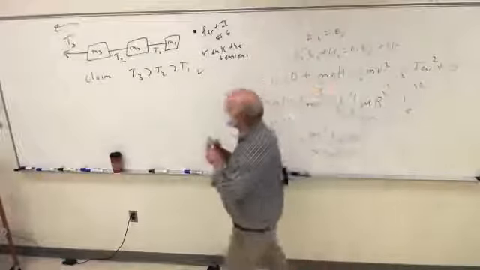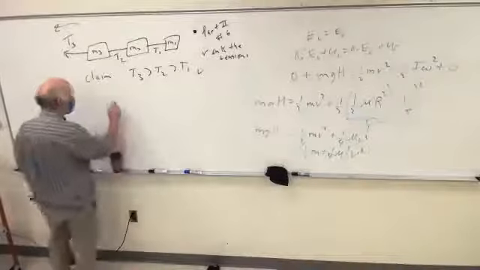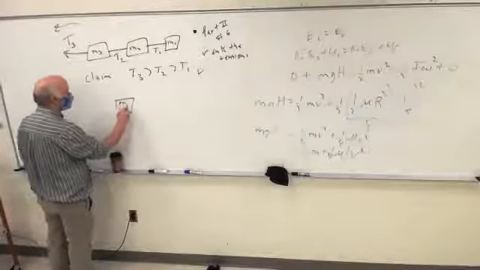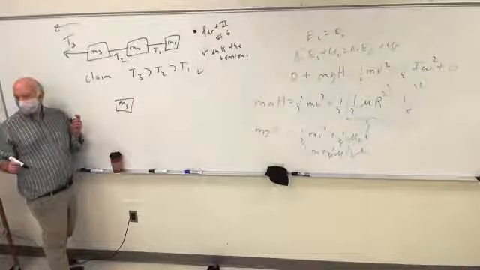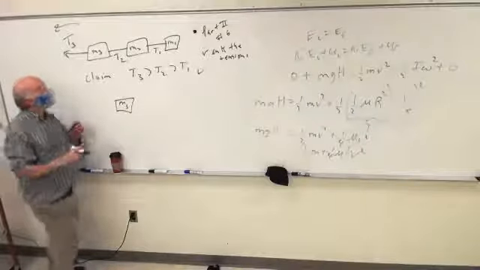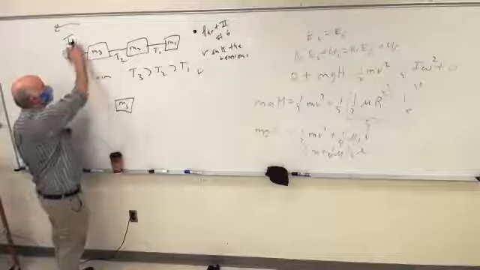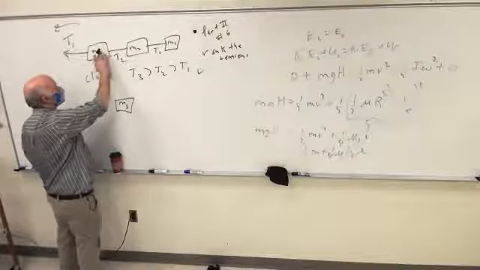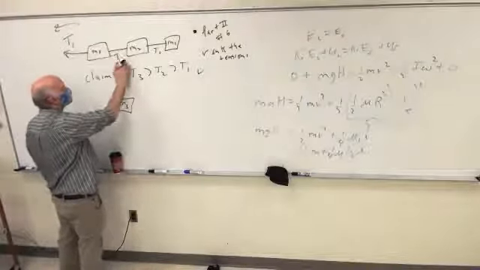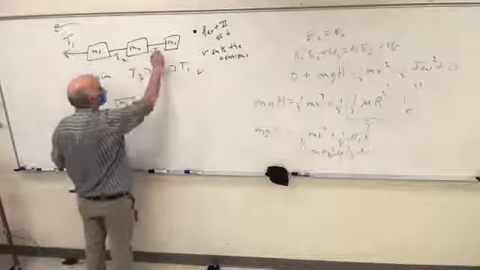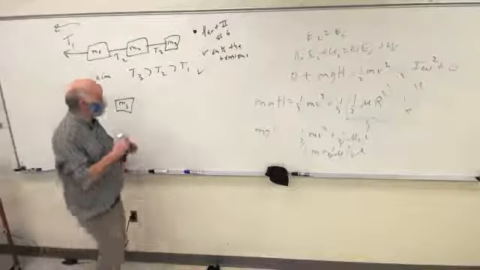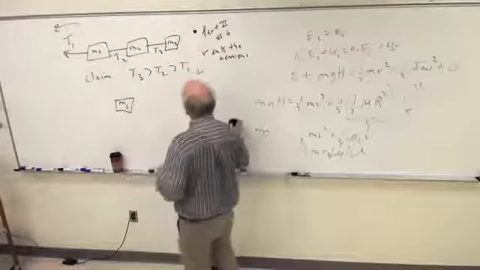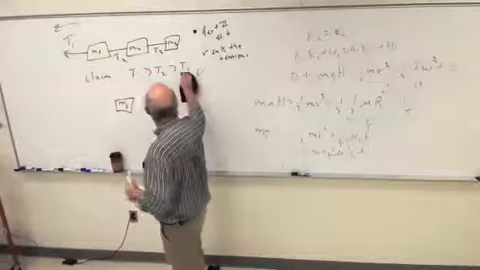Let's look at M3 here. Can we make them the same because it has T1 as the farthest? So this is T1. Is it that T1 is greater than T2, is greater than T3?